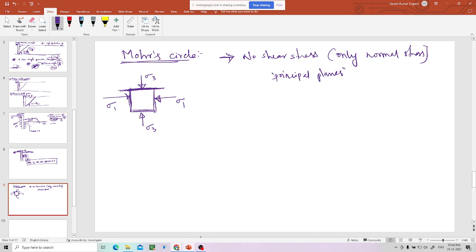And the normal stresses which act on the principal planes are called principal stresses.